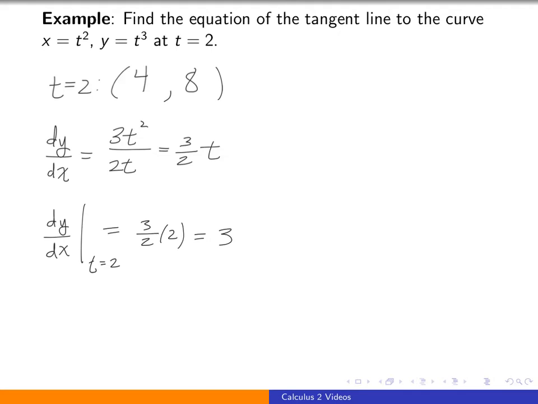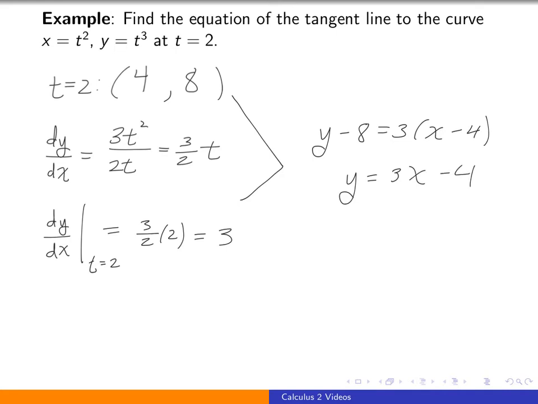So putting everything together, our tangent line has slope 3 and passes through the point 4, 8. So the point-slope form would be y minus 8 equals 3 times x minus 4. Or equivalently, our slope-intercept form, if we just simplify and bring everything to one side, would be y equals 3x, and we'd have minus 12 plus 8 is minus 4.